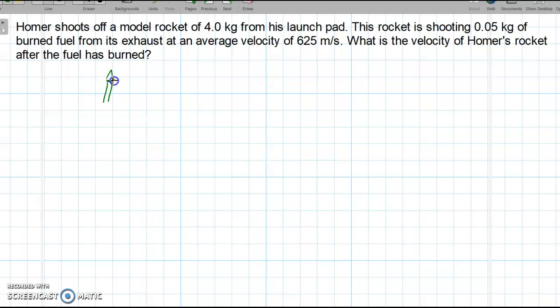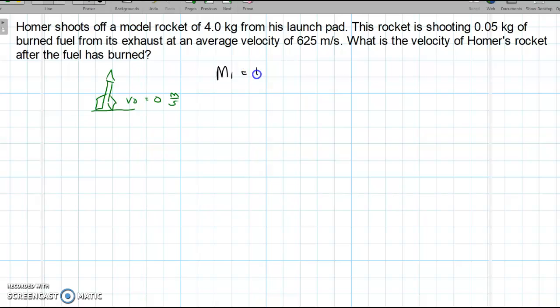So we have this model rocket here. Alright, and we're going to shoot it off from this launch pad. So initially, V0 is equal to 0 meters per second. Whether it's for the fuel or whether it's for the rocket itself, it's going to be 0 meters per second here. Alright, so let's identify what we're given in the problem.